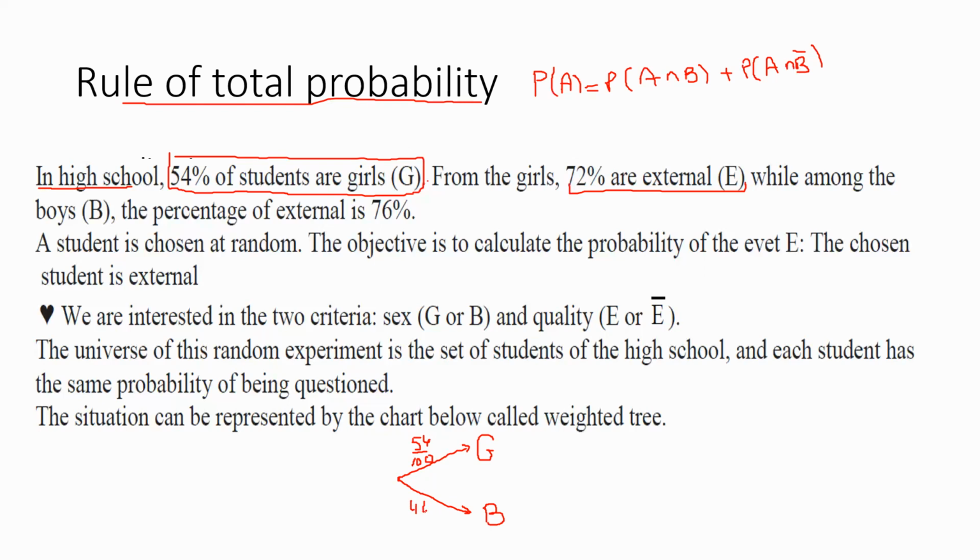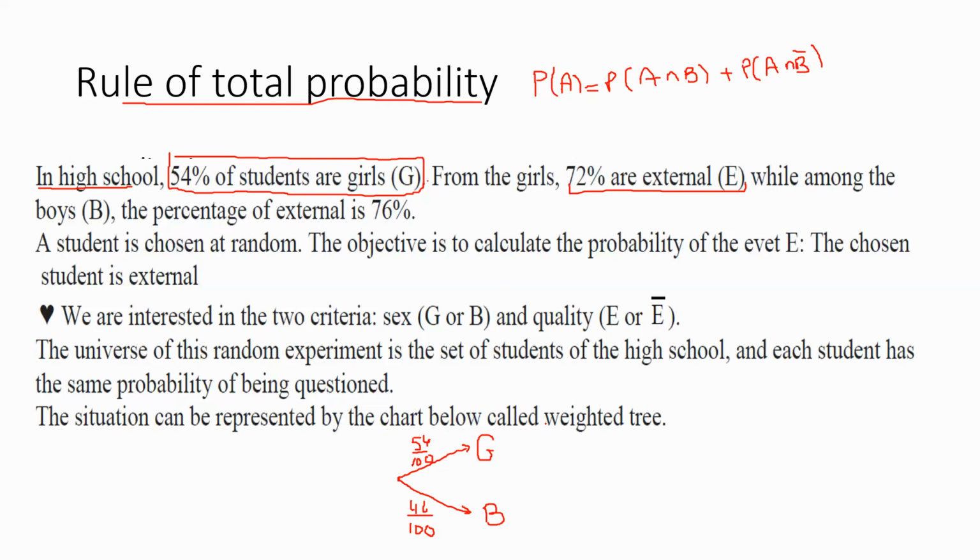Girls 54%, boys 46. The total should be 1 on each branch.